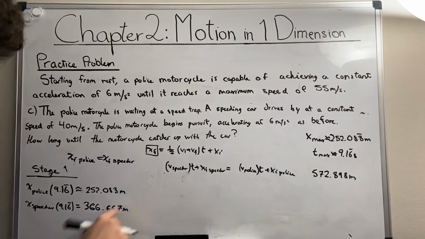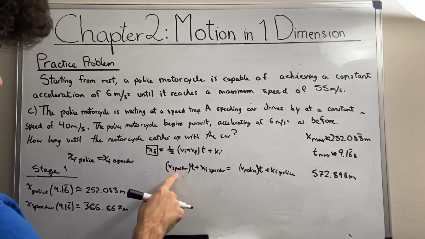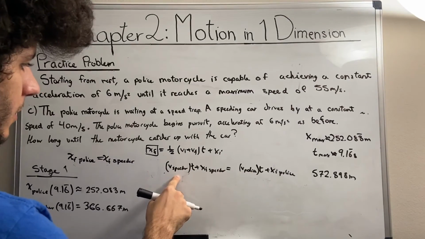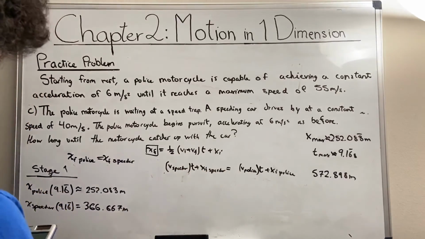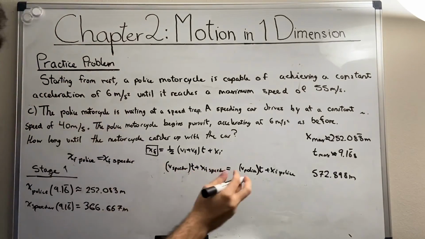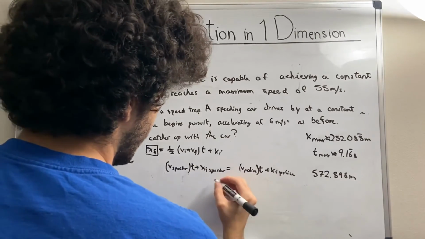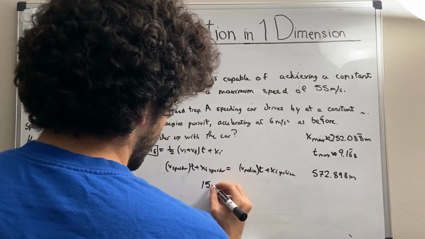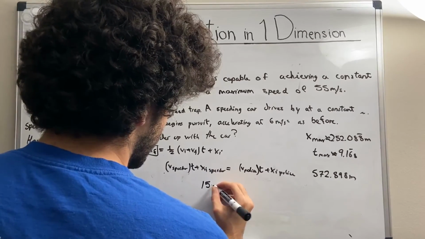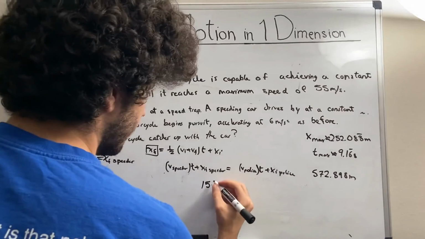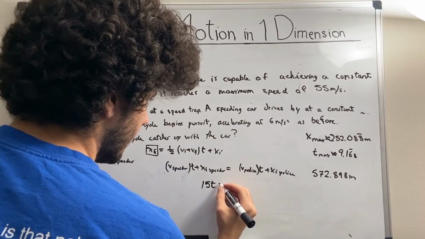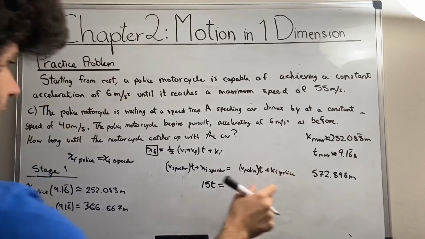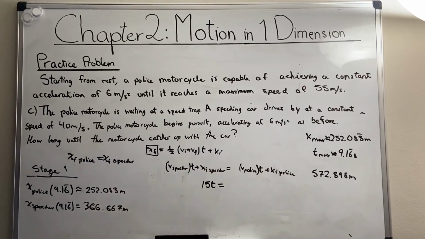So the police's speed is larger, so we're going to take the speeder's speed and subtract it on both sides. And his speed was 40, the police's speed was 55, so we're going to end up with basically 15 T, which is equal to, and then we're going to take the police's XI and subtract it on both sides.